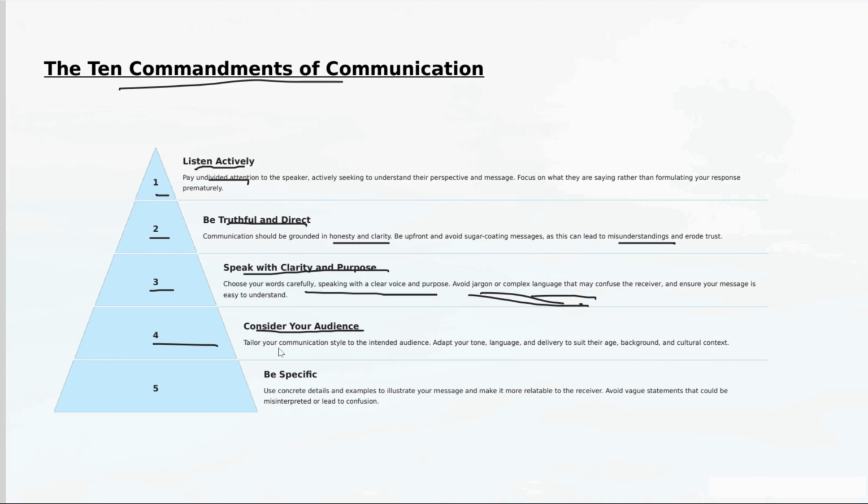Fourth one is consider your audience, right? So I told you the dialect. So we will tailor our communication style for the intended audience. If we are going to the urban areas, we won't be using the rural dialect. If we're going to the rural areas, we won't be speaking in the urban dialect.